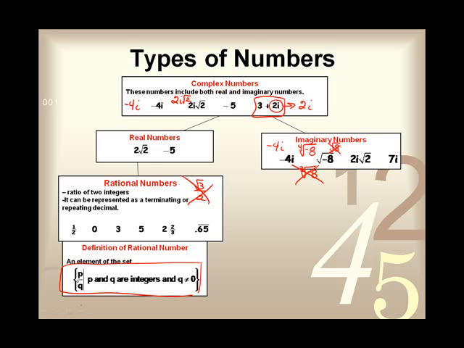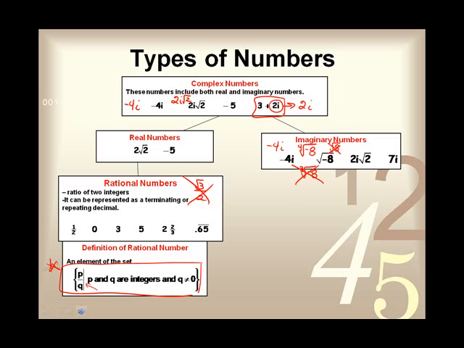And you write the ratio of those two numbers as P over Q. That's a rational number. This vertical line right here is a "such that" sign. So you'd read this as any element of the set P divided by Q such that P and Q are integers and Q does not equal 0. You do not need to know this formal definition at all.